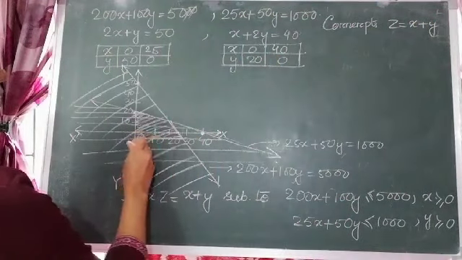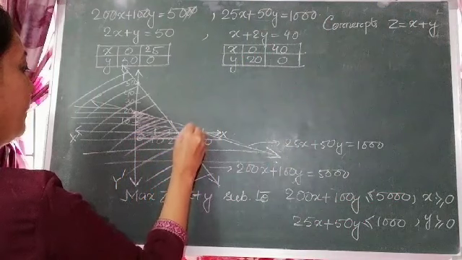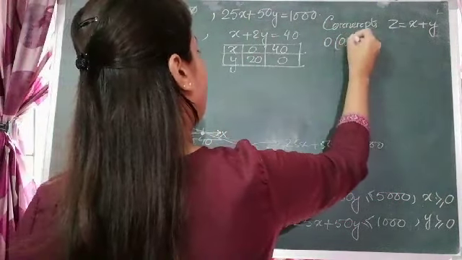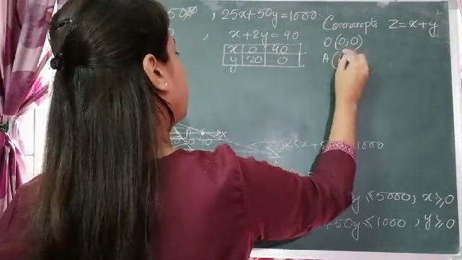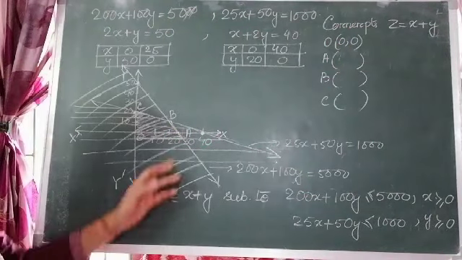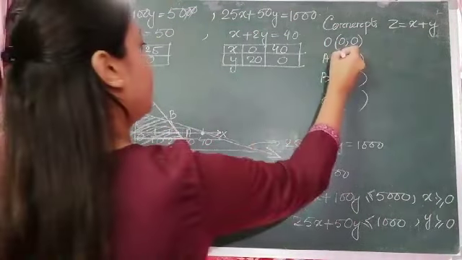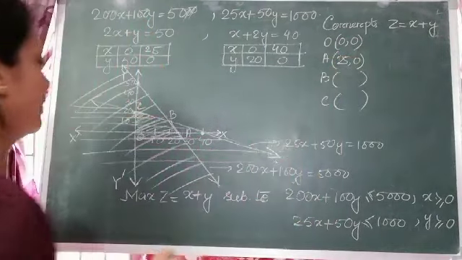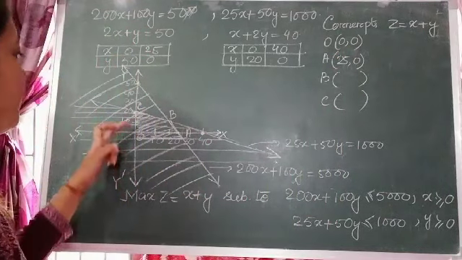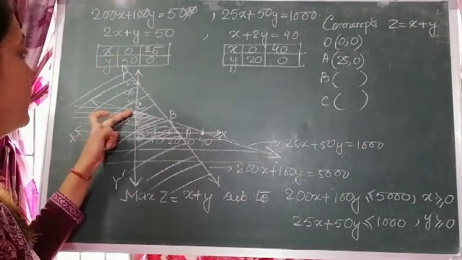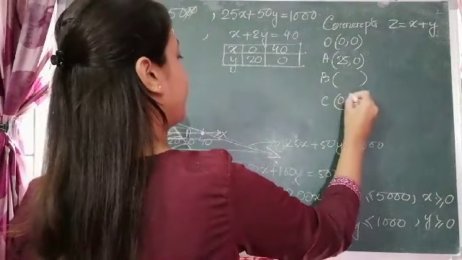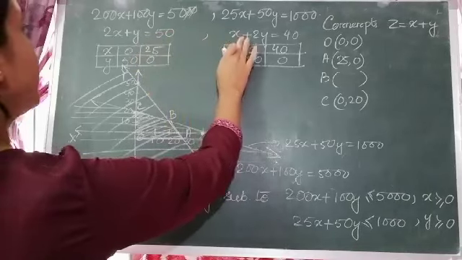They are origin, let these be A, B and C. So coordinate of A will be (25, 0). Coordinate of B you have to find, it is the intersection point of both the equations. Next coordinate of C will be (0, 20). Okay, solve both the equations.